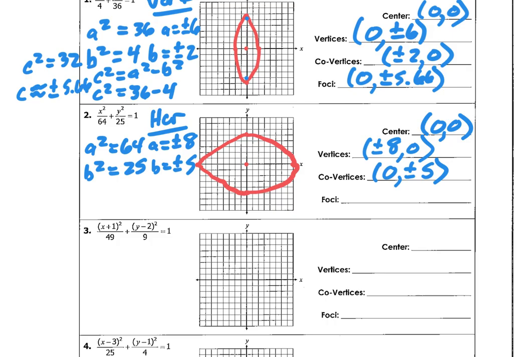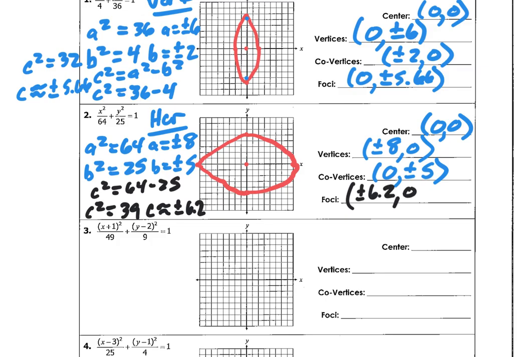And then the last thing that we finish up with is 64 minus 25, which is 39. C is plus or minus 6.2, 6.24, whatever you want to round to. And so we would say plus or minus 6.2 and 0.